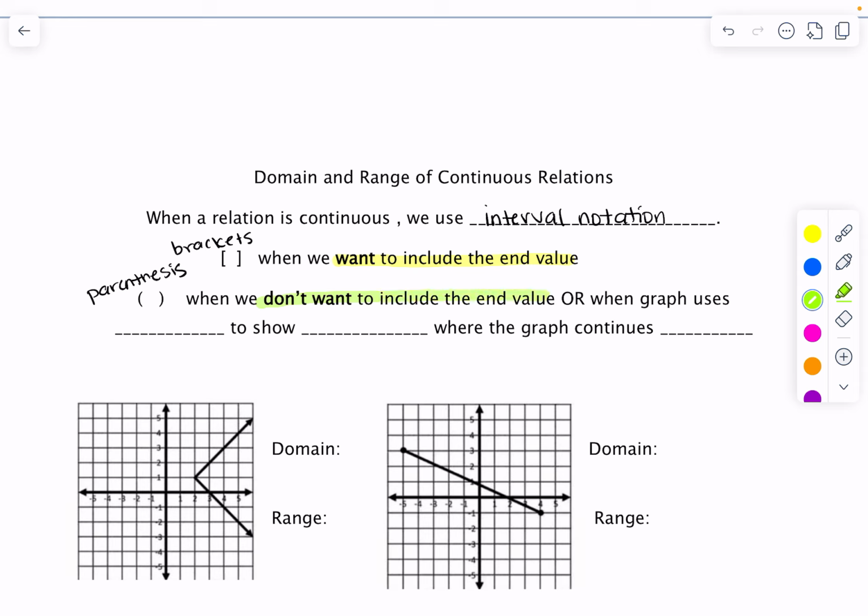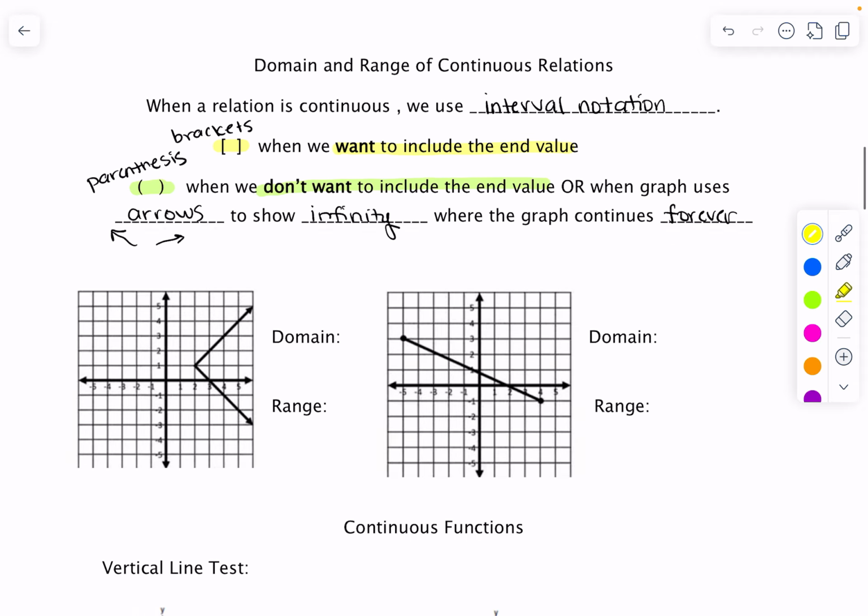Also, we use arrows, like this or like this, to show infinity, where the graph continues forever. So when you see arrows, we're going to think about infinity, and we use parentheses to show that. I'm going to highlight parentheses when we don't want to include, and we use brackets when we do want to include. So what does that look like in an example?